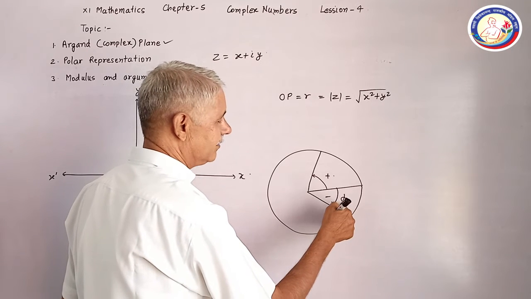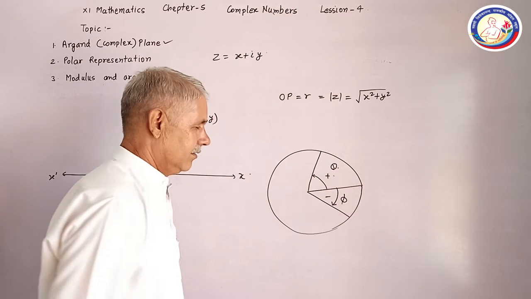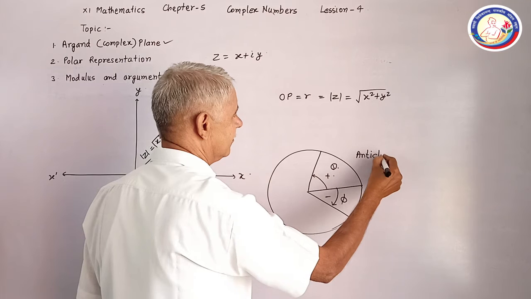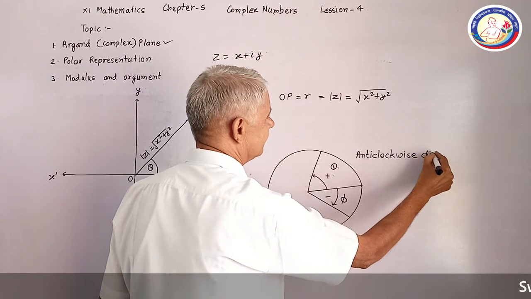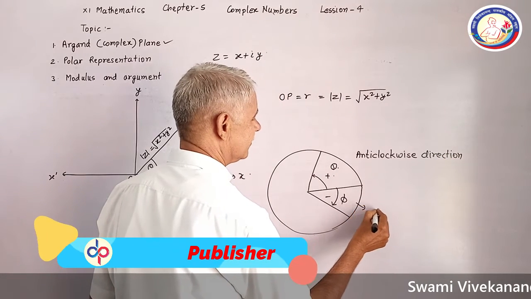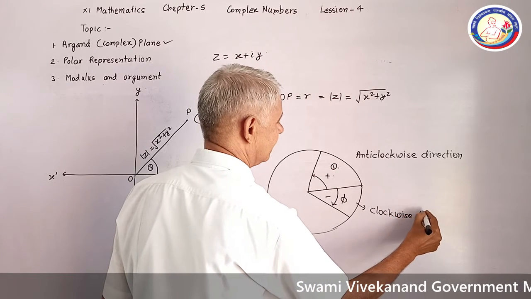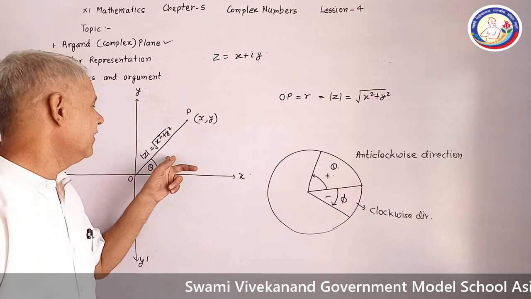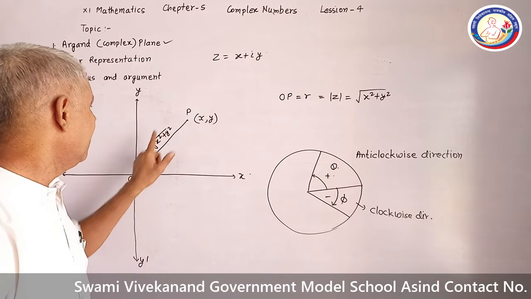Phi is a negative angle here and theta is a positive angle here. This is called anti-clockwise direction, and this is clockwise direction. So here the angle is measured in positive direction always.